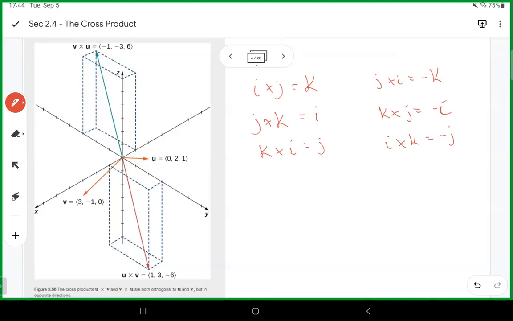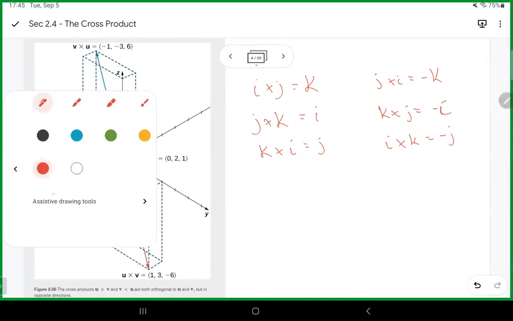So those are going to be important to you in the sense that if you see it and you recognize it, then you don't even have to do the work. You'll already know what the answer is. Okay.